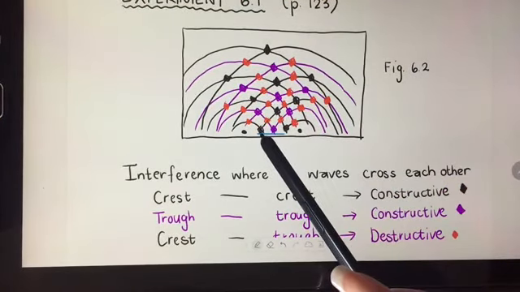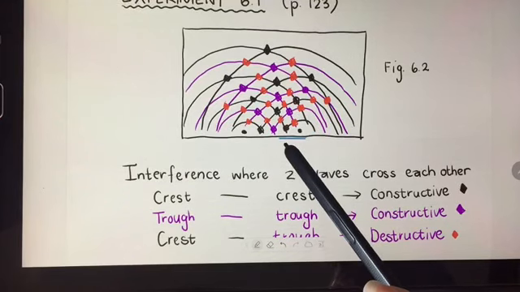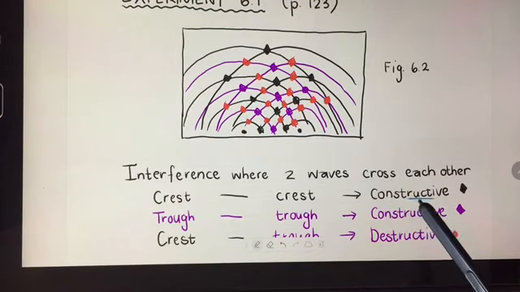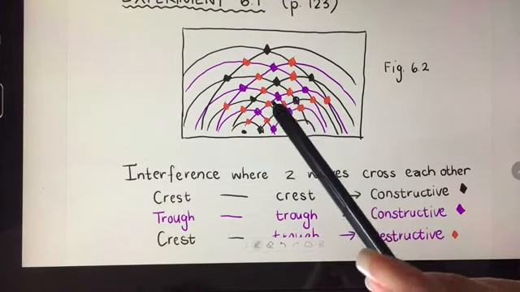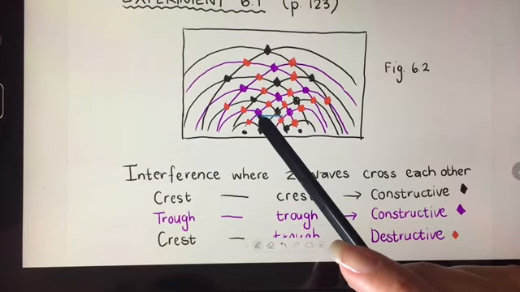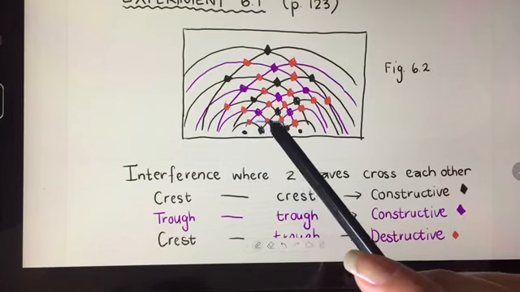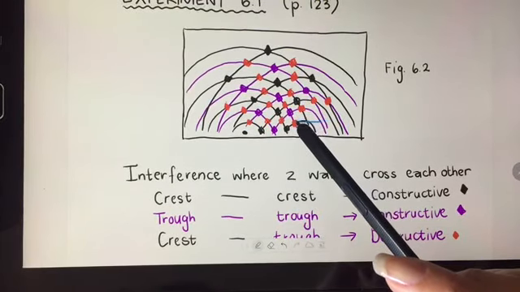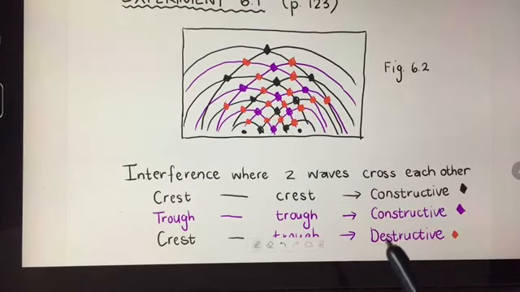So here, for example, you can see two black lines meet. So it's a crest from this source and a crest from this source. So what is that going to be? That is going to be constructive interference. Over here, for example, I've got two purple lines that meet. So a trough from this source meets a trough from this source. So what is that going to be? That is also going to be constructive interference.